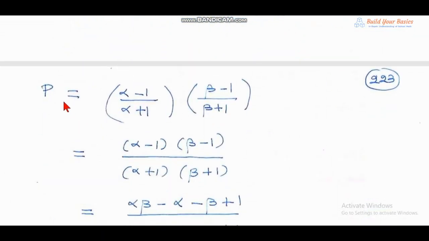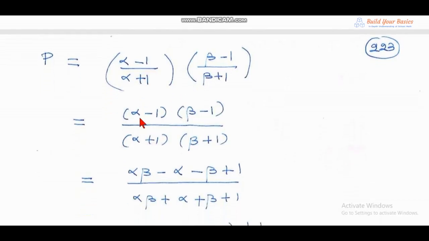Then the product: alpha minus 1 upon alpha plus 1 into beta minus 1 by beta plus 1. That is the product of the two roots. That is alpha minus 1 into beta minus 1 divided by alpha plus 1 into beta plus 1.